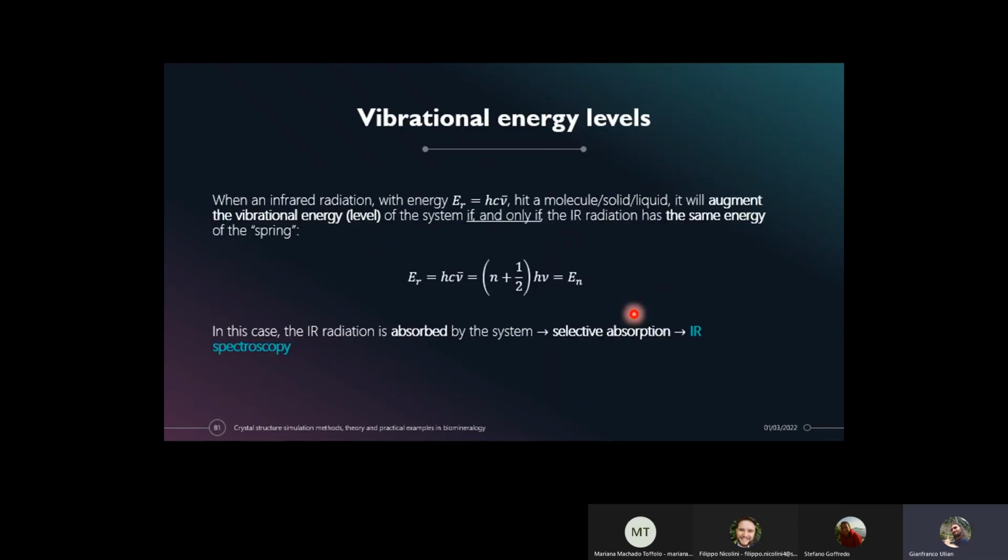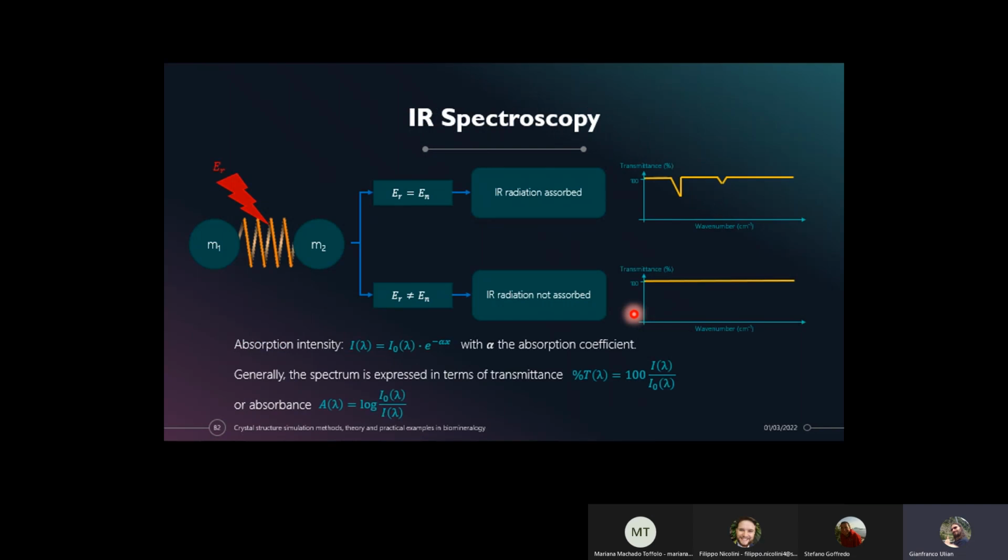So it is a specific amount of energy that your system has to acquire to increase its energy level. If the energy of the incoming radiation is not equal to this h multiplied by frequency term, the infrared radiation is not absorbed.